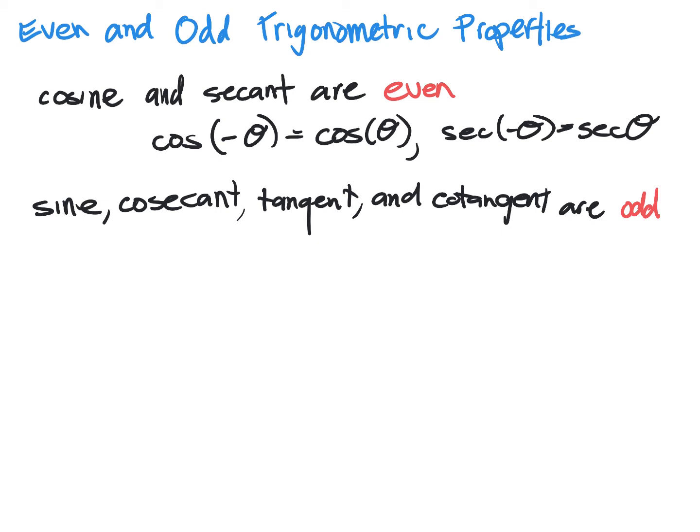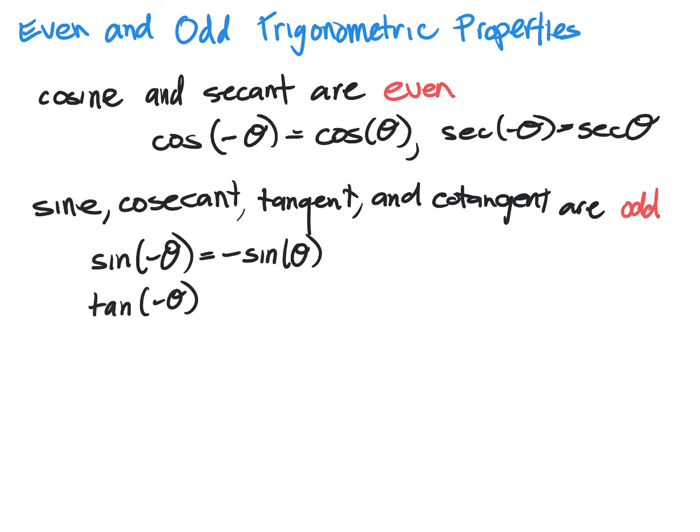And so we get sine of negative theta, an odd function. If you put a negative in for your input, then you get a negative for your output. So sine of negative theta is negative sine of theta.